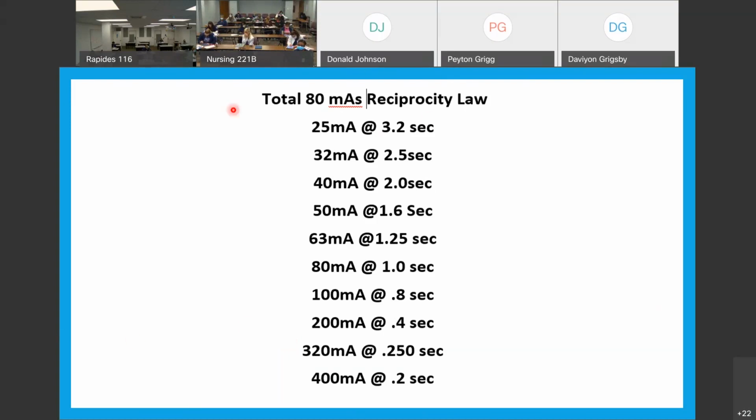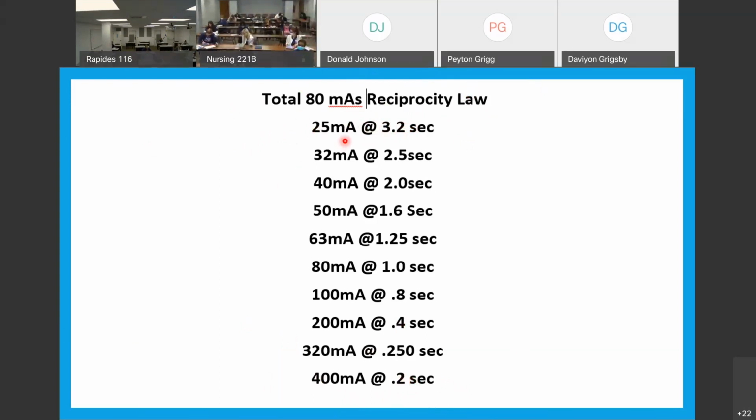But you may be playing up here at the top, and you may be getting motion if you don't want it. You're going to freeze it with the 3.2. Down here, you're going to stop the motion. You're not going to have any motion occur because it's a 0.2 second exposure. This is called the reciprocity law. Regardless of the two separate factors, when calculated together, they give you the same output.